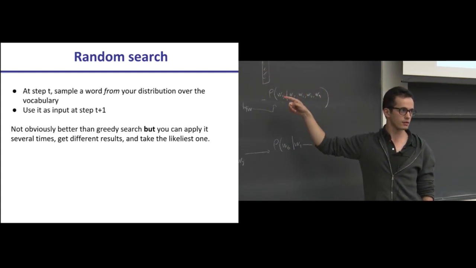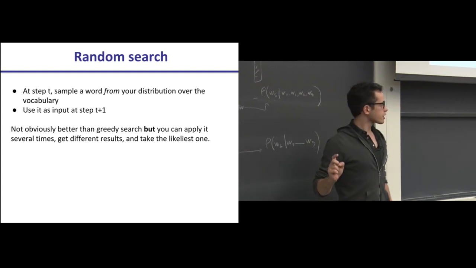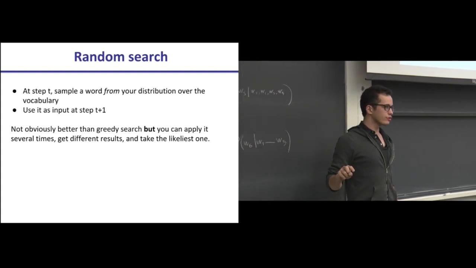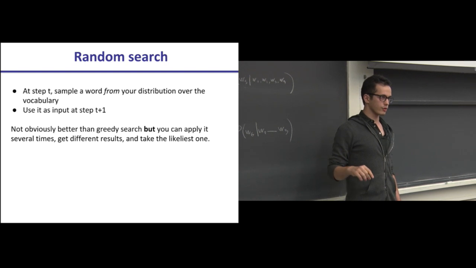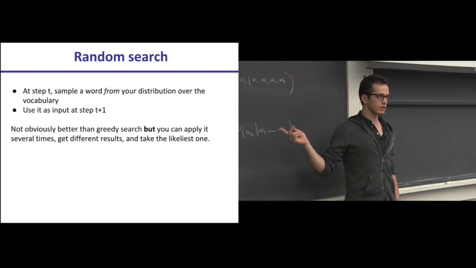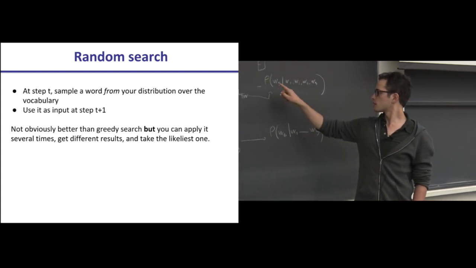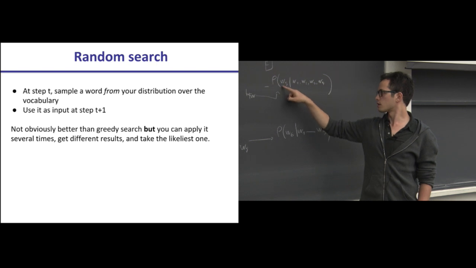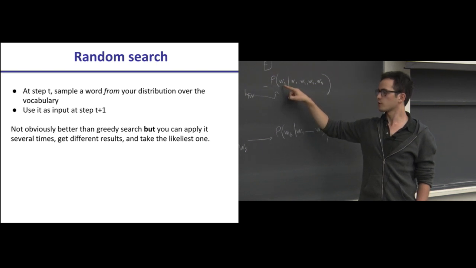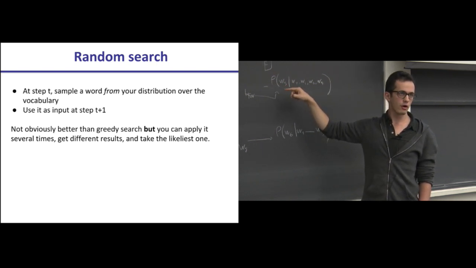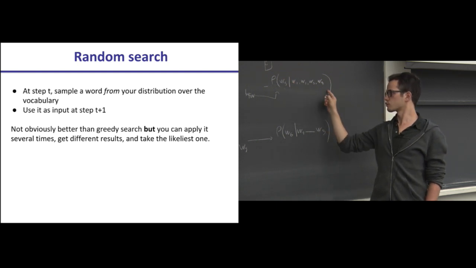through these probabilities. An interesting property is that when you do that, the probability to get some sentence is exactly the probability of this actual sentence. Because at every step you generate W5 from its probability conditioned on the previous words.